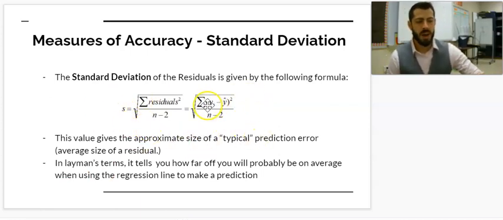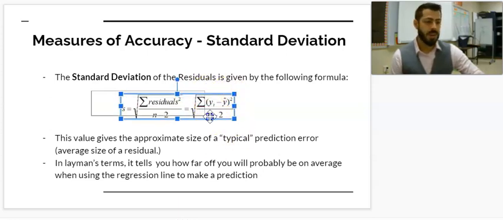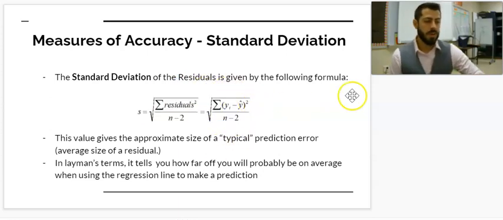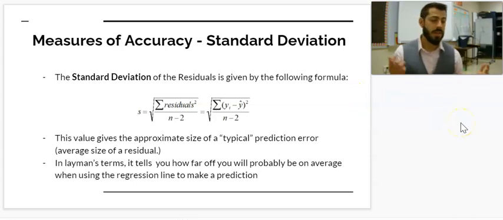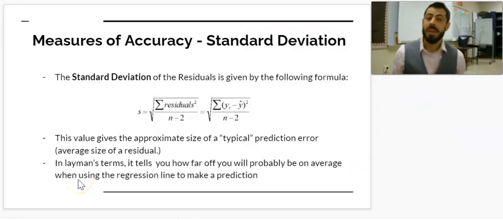Basically, you take each y value for each dot on your scatter plot, and you subtract the y value for the line. You square that, you add them all up, you divide by however many points you have minus 2 this time, and then you take the square root. If you have many dots on this scatter plot, then that would be a very tedious process. So most of the time it's either going to be given to you or you can find it in Word, right?